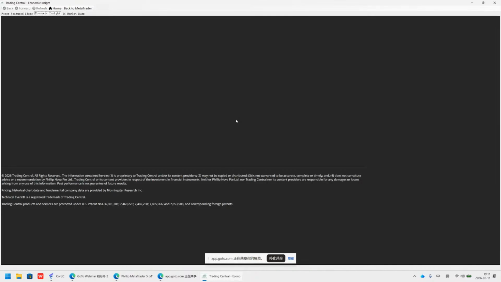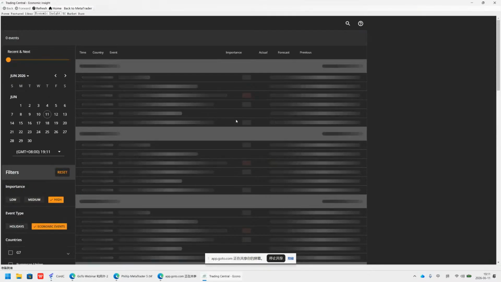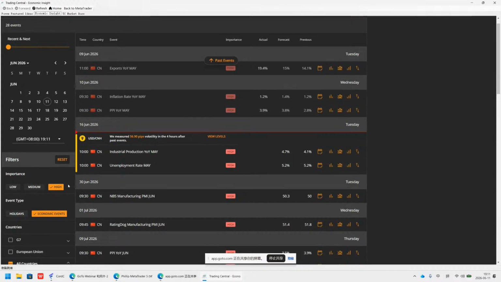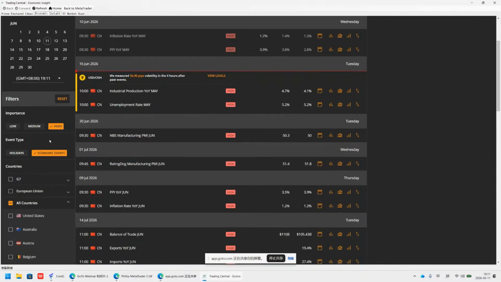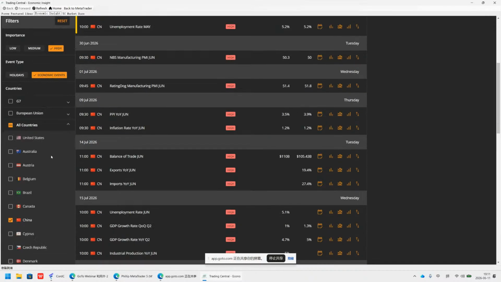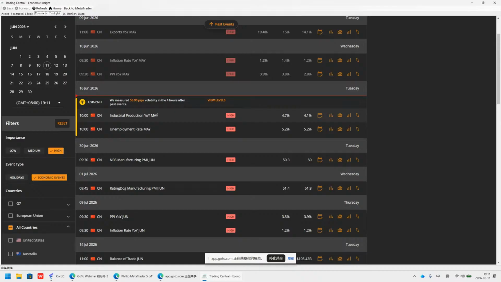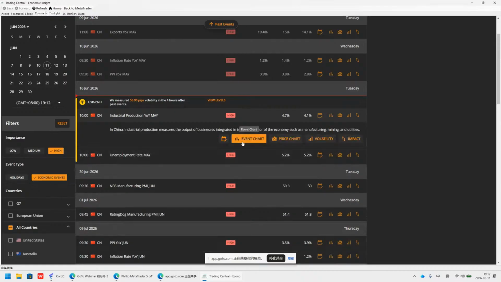The next one is Economic Insight. It enables us to easily monitor, predict, and respond to any potential market-moving events. For example, if we are interested in economic events happening in China with a high importance, take this one as an example, then we can find 4 different charts here.